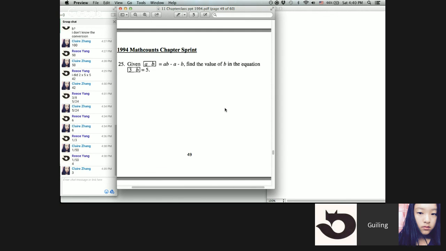okay, let's just end with this problem right here. Nice. This one again is like a speed problem. So given a star b is equal to ab minus a minus b, if 3 star b equals 5, what is b?